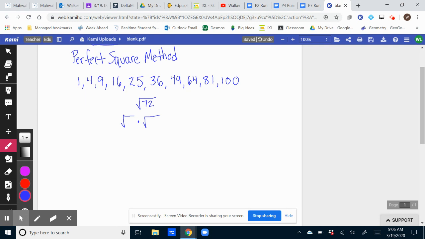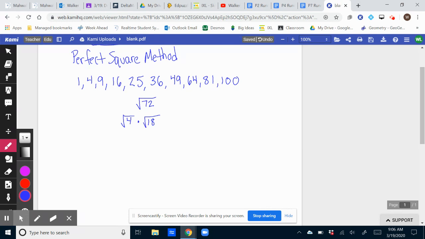Okay, so when you have no idea what goes into the number, let's say you can't think of one of these up here that goes into 72, start small. Start with 4. Does 4 go into 72? I go to my calculator. 72 divided by 4 equals 18. It works. Okay, so I'm going to say radical 72 equals radical 4 times radical 18.